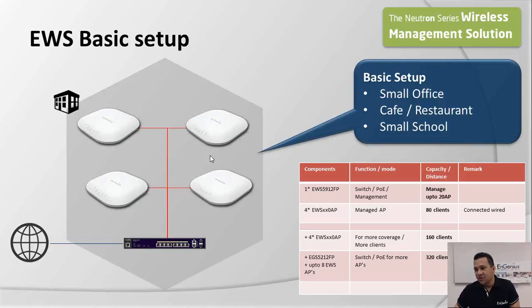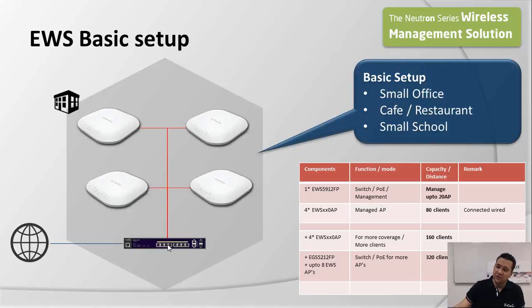For instance, first of all, the switch can handle up to 20 access points. Even this PoE switch only has the capability to directly connect 8 access points. Well, actually, we can start to connect 4 extra access points here to fully utilize the PoE function.